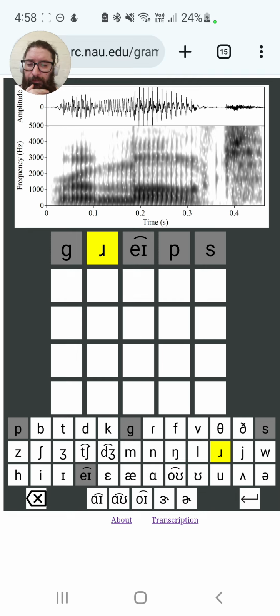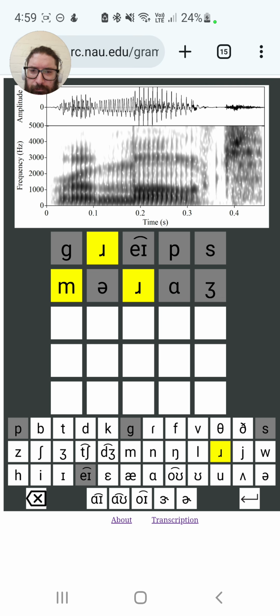Z. J. Mirage? M. Aj? How are we looking? So the R's still in the wrong place. Maybe I'm going about this all wrong.